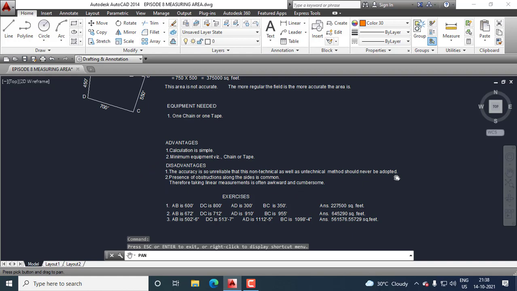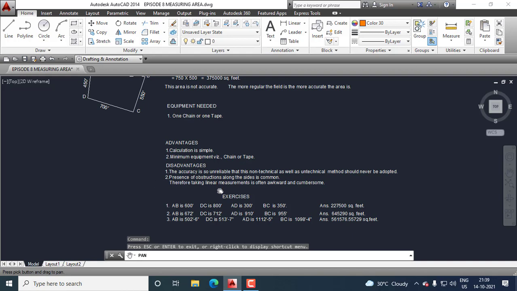The disadvantages are that the accuracy is so unreliable that this non-technical as well as untechnical method should never be adopted. Moreover, presence of obstructions will be along the four sides.